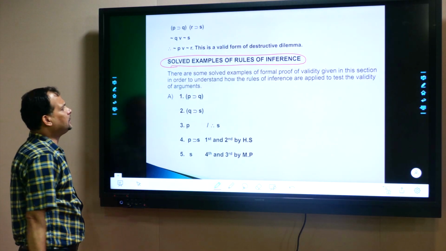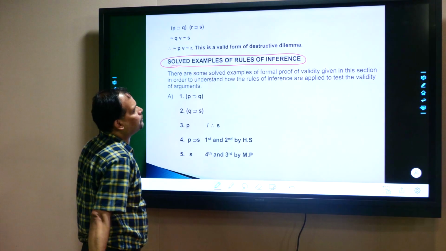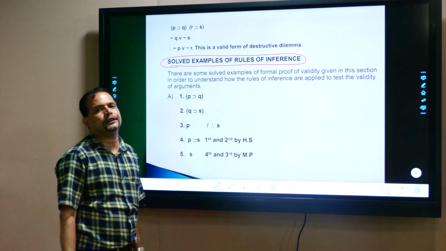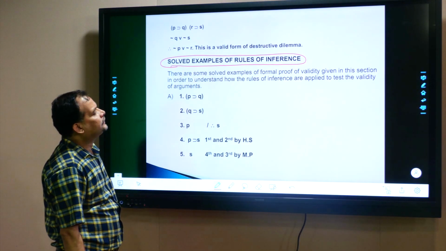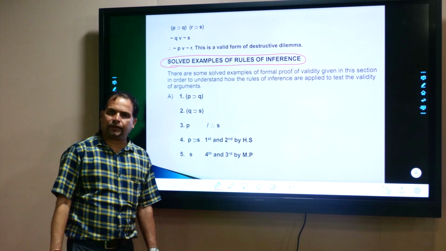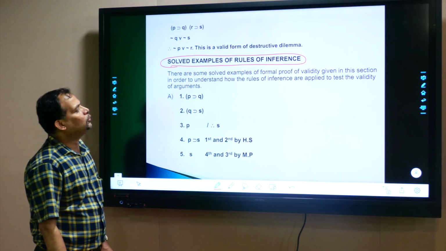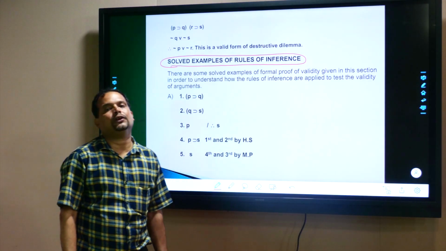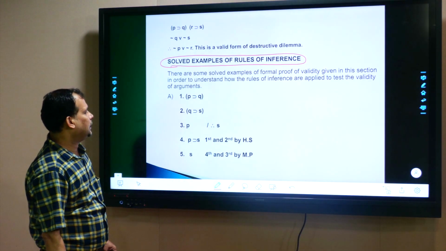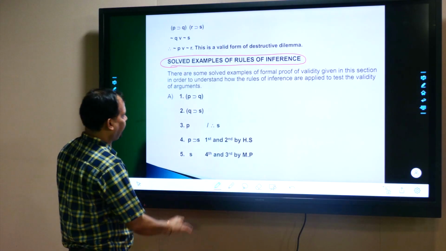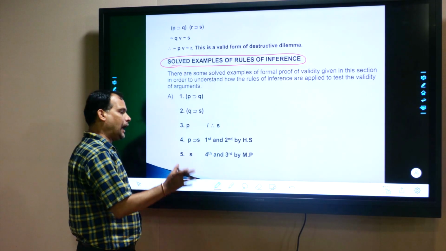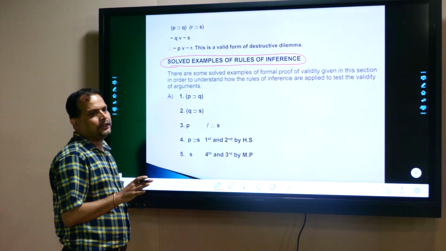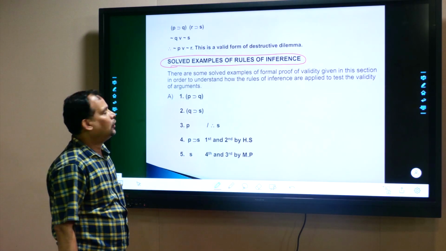Now you see, dear learners, there are some solved examples of formal proof of validity given in this section in order to understand how the rules of inference are applied to test the validity of arguments. Now dear learners, you see, this is an example. So we have to apply the rules in order to find out the conclusion.